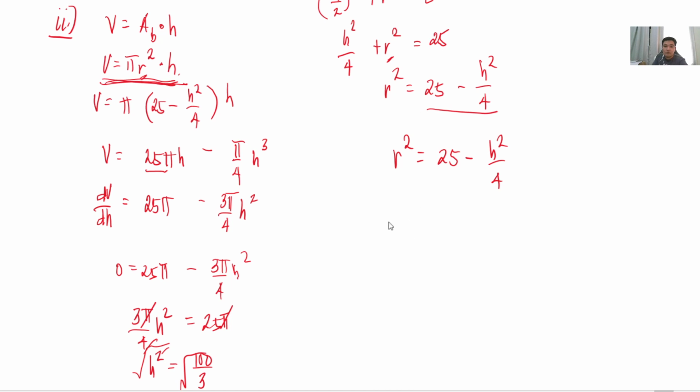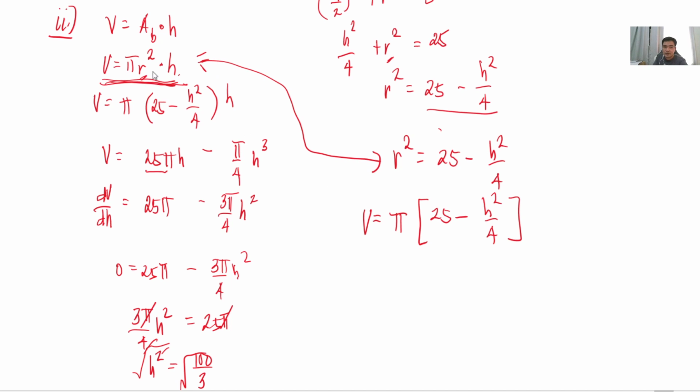So, volume is equal to pi r squared, in terms of h is 25 minus h squared all over 4, times your height.